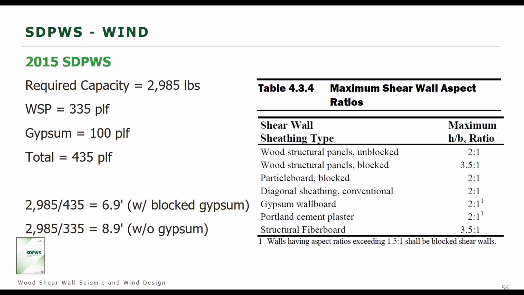So again, we calculated our required capacity from the wood frame construction manual, so that's 2,985 pounds. We're going to use that same value for our SDPWS design. We looked up our wood structural panel capacity and our gypsum capacity, and they sum to 435 PLF.